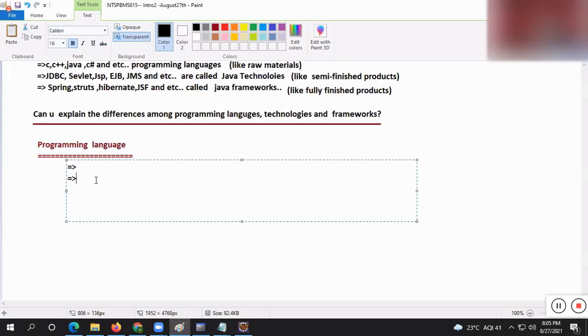Syntaxes means rules, and semantics means structure. How do they define and check? By supplying compilers and interpreters.